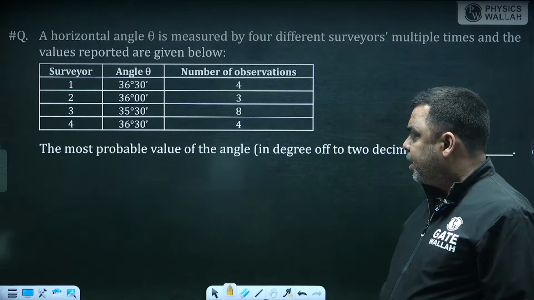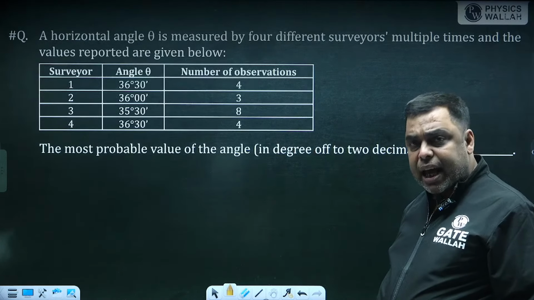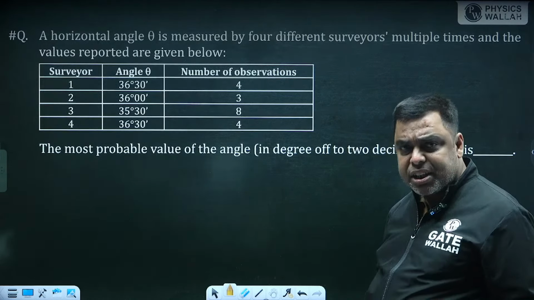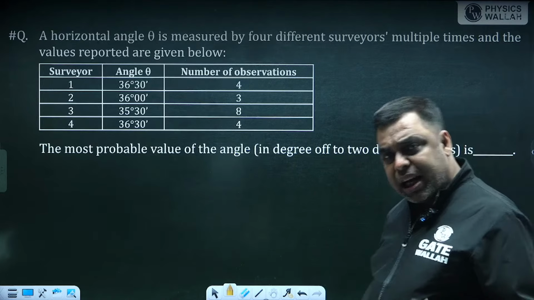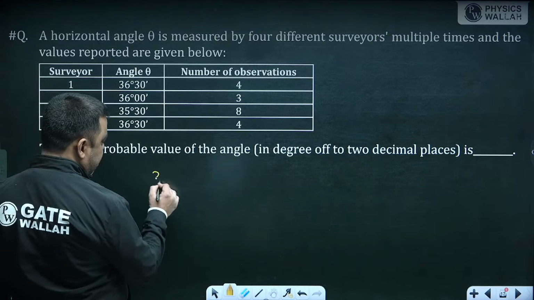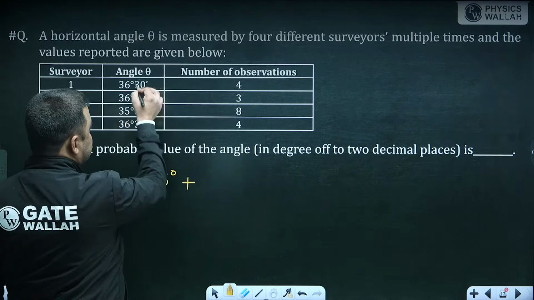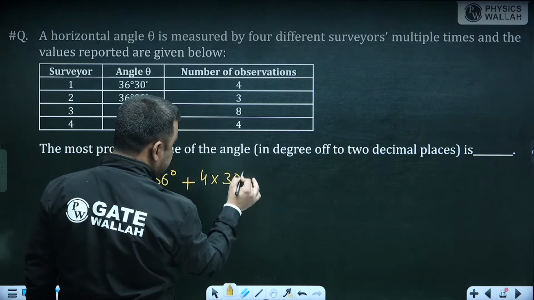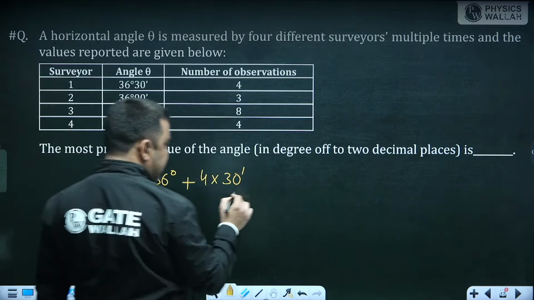See, tell me, by looking at this, can you identify my answer would be somewhere near 36? Let us assume the weighted average value will be somewhere near 36. So 36 degree, keep it out. Plus, this is extra, right? So 4 times of 30 minutes plus, how much is extra over 36? Nothing.